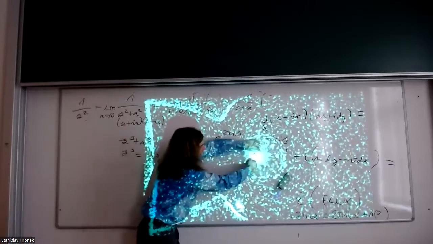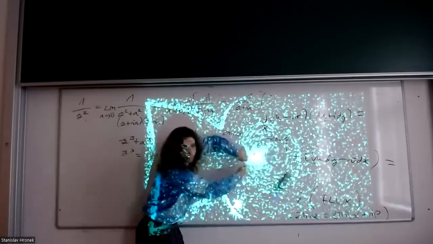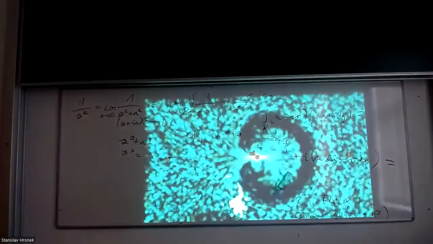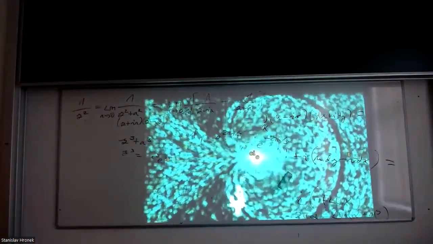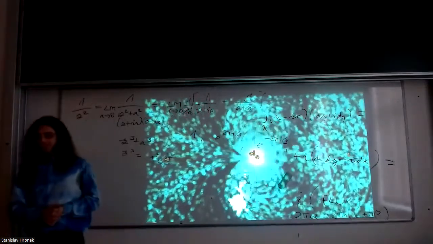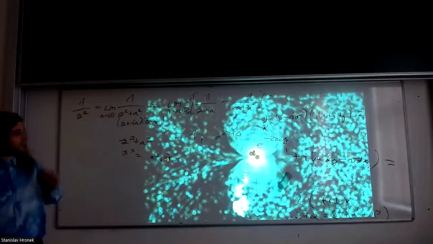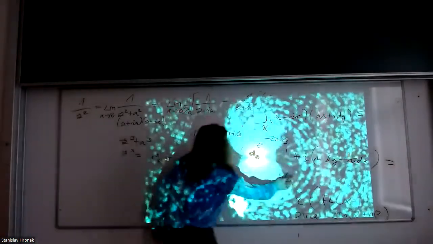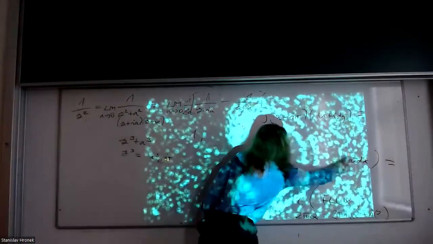These are going like this. And we could even zoom further to have a nicer look. I think that if I do it like this, it's kind of obvious that it really is two vortices in opposite directions.